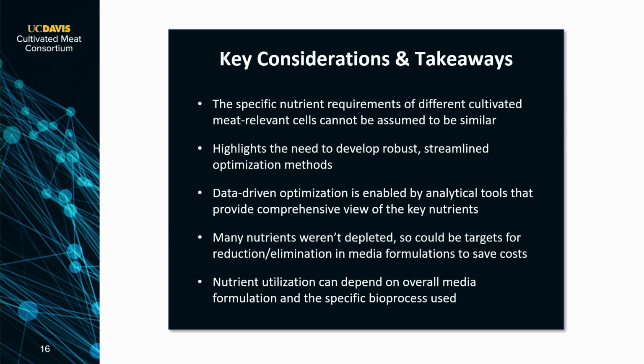And I will also note that given the same cell type and the same media, it's possible that if that system is grown at a different bioprocess with different parameters, different scales, those different parameters can also potentially affect the metabolic behavior of the cells. So more work will have to be done to investigate that idea further.